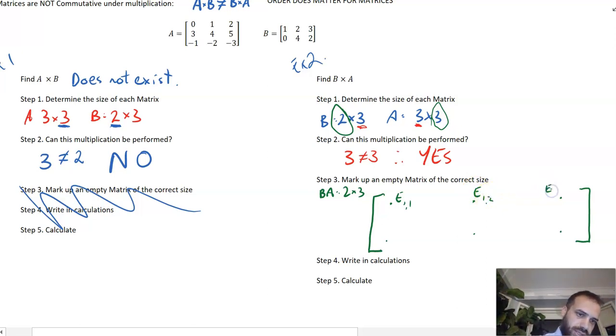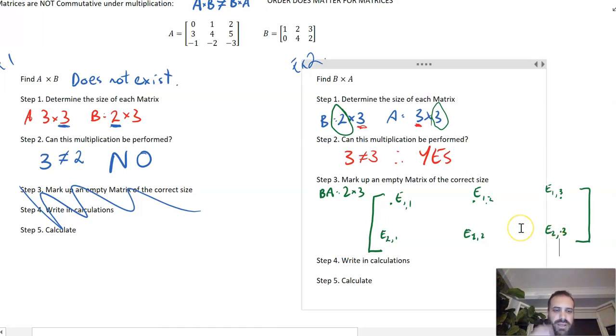This element is row 1, column 3. This element is row 2, column 1. This element is row 2, column 2. And this element is row 2, column 3. It's going to make sense, I promise.